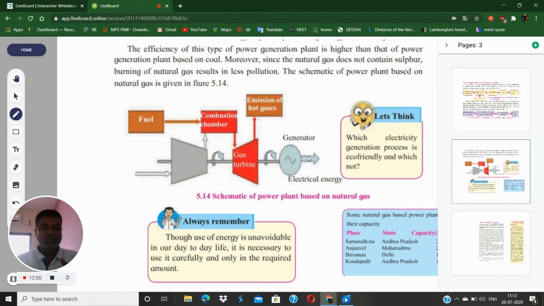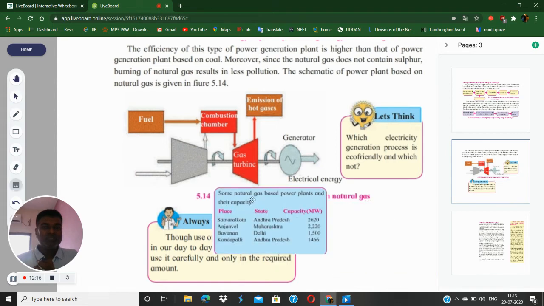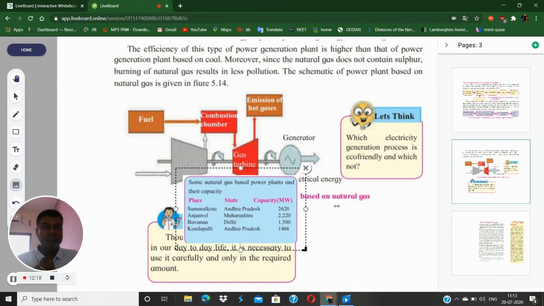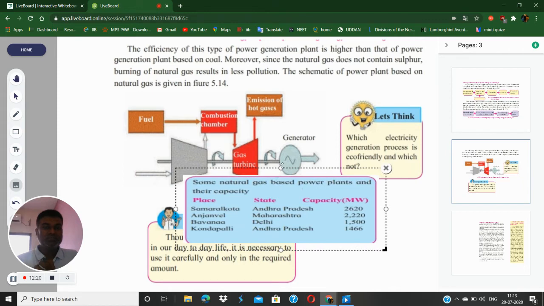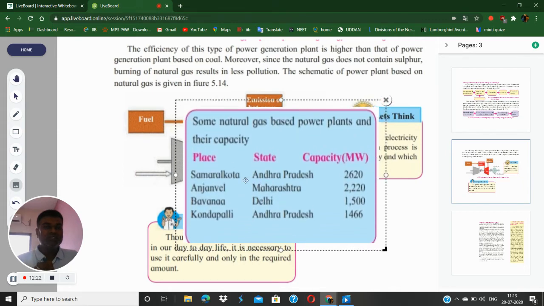Yes, okay. And the different power stations which are based on natural gas, we have shown in our book. Some major power stations, which are established in our India, are given in your book. Look son, this is an informative point of this lesson.